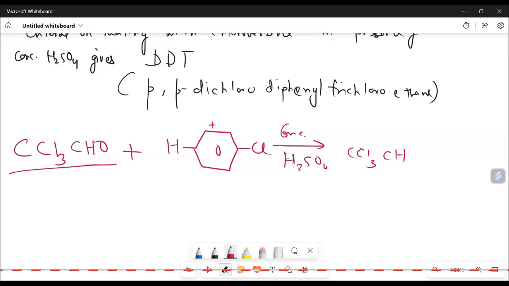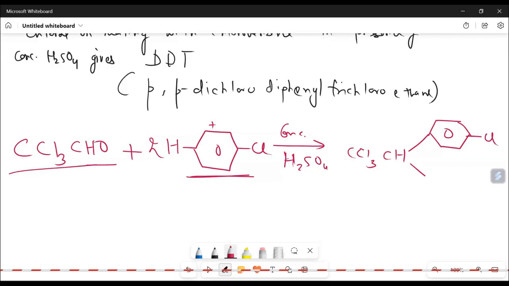Okay, water will be removed. We have to take 2 moles. So it will form like that, Cl. Okay, remember how to draw it.